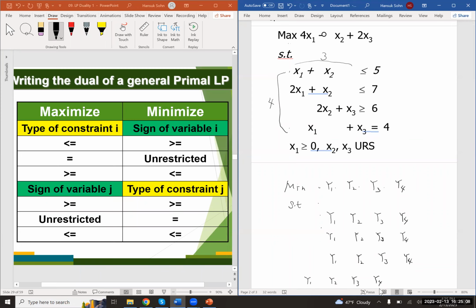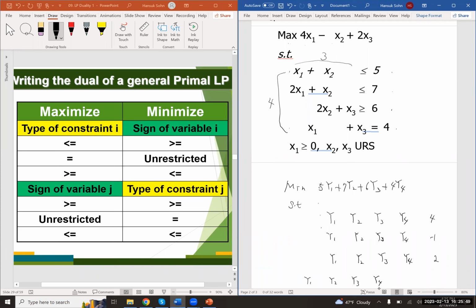And the first thing, because the objective coefficients in the primal problem are 4, -1, 2, we're going to have right-hand side values 4, -1, 2 in order, right? And the right-hand side values of the primal problem are 5, 7, 6, 4. So we are going to have 5, 7, 6, 4 as the objective coefficients, right?